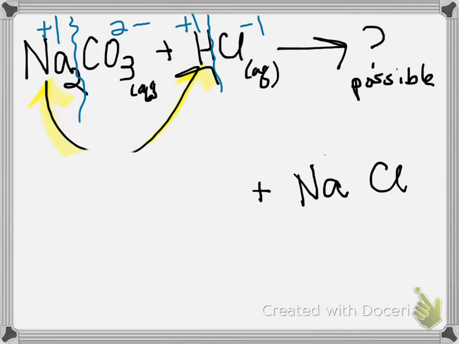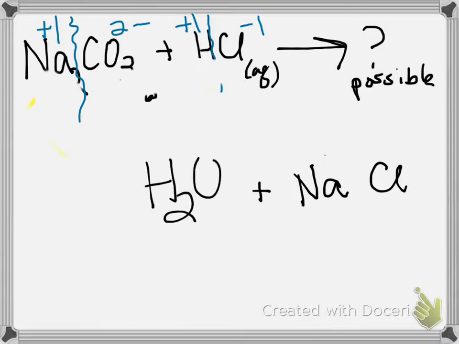Because carbonic acid will further decompose to form, what's it going to spit out? It always spits out water. So we can predict that one all the time. And what's left is carbon dioxide. If you subtract water from carbonic acid, you're going to get CO2.